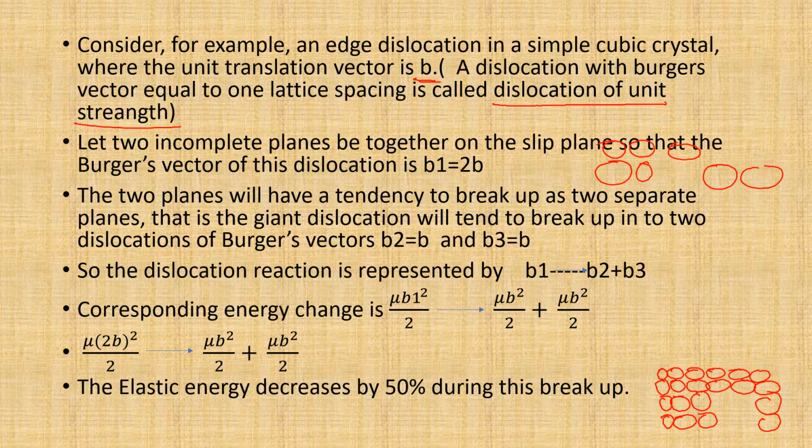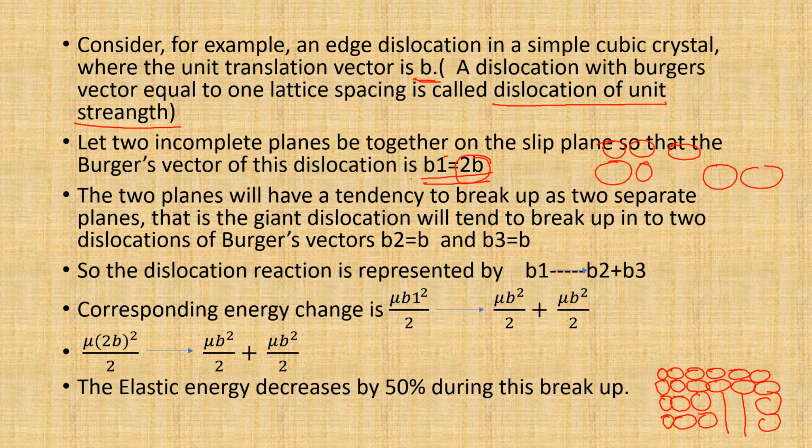You can see that there are two layers, two missing planes. So two dislocations are merged together on a slip plane. Here the Burger's vector is not a single translation vector but two translation vectors. We represent it by B1, and B1's magnitude is equal to 2b, where b is one translation vector for that particular crystal.